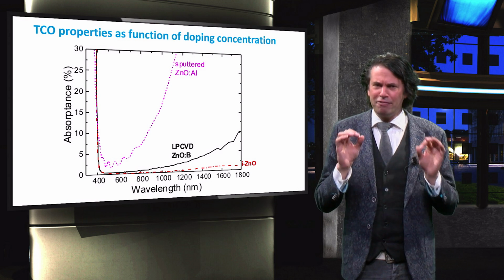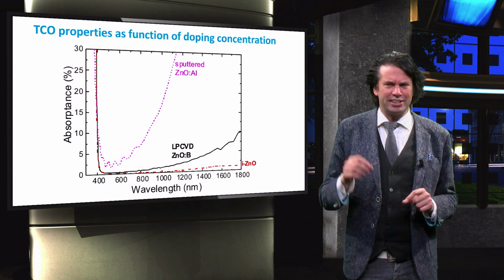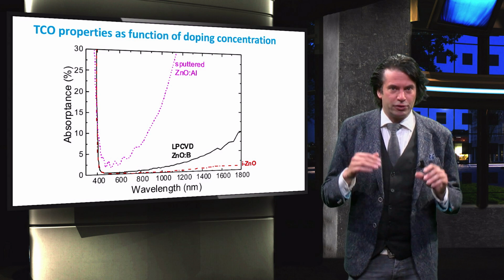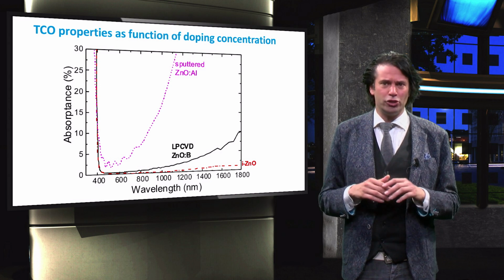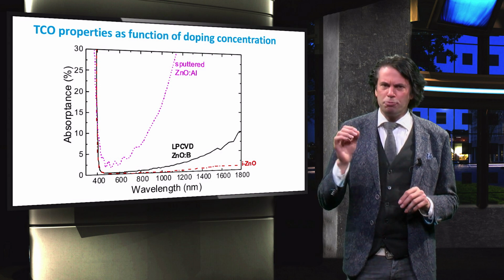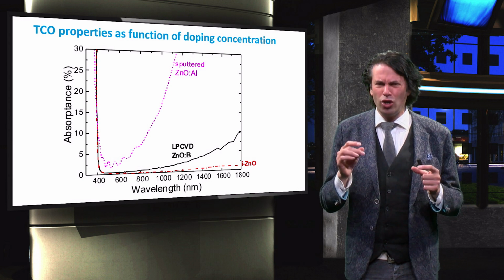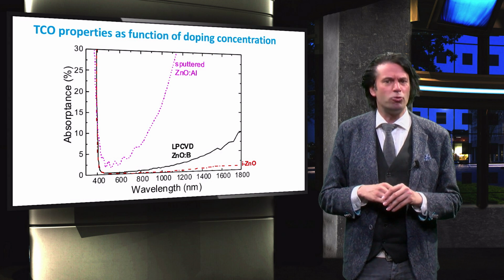The main differences are, first, the dopant aluminium is replaced by boron, and secondly, the low-pressure chemical vapor deposition technique results in denser zinc oxide films in reference to using the sputtering method. This boron-doped zinc oxide shows higher transmission in the red and infrared, while a low resistivity is still preserved in comparison to aluminium-doped zinc oxide.